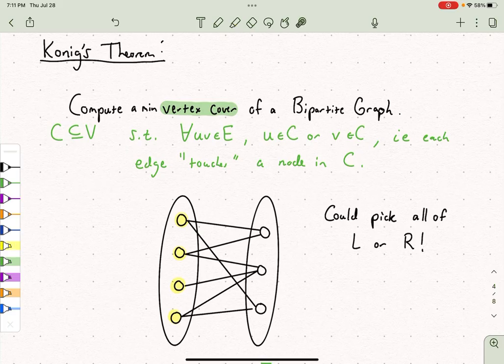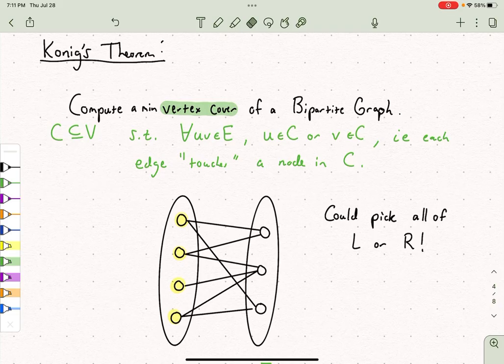Because by definition of a bipartite graph, each edge goes from one side to the other. So if we pick everything in one side, well, each edge must be touching it. There are no edges hidden away over here. So we could pick all of L, we could pick all of R. Either way, that's one possible option for a vertex cover.